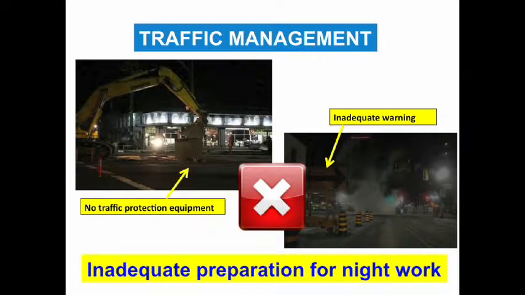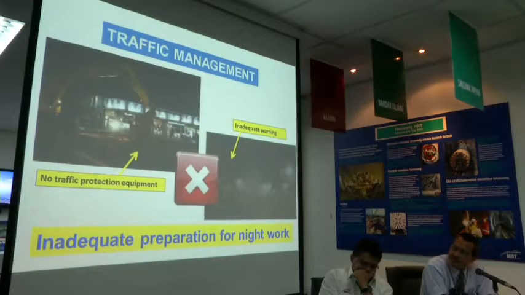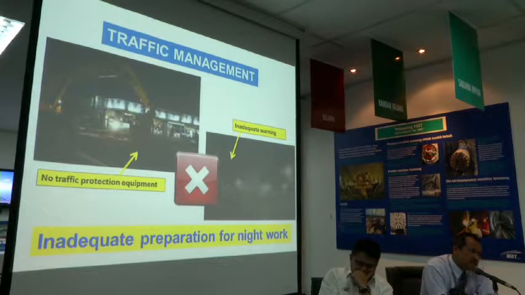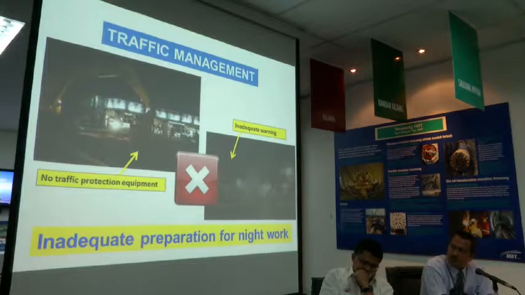If they work at night, then the work must be prepared properly. Contractor must have adequate lighting, adequate warning signs to be installed at their work zones. You can see here, this is a bad example where there is insufficient lighting and there is no traffic protection at all at the work areas where the excavator is working.